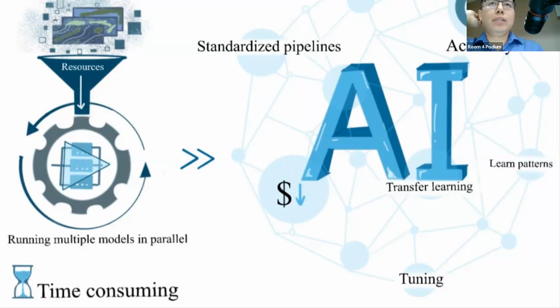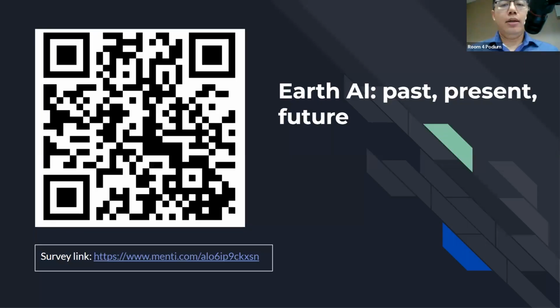But they cost a lot of computing resources, and running all those models takes a long time. So AI will probably help us accelerate the parallel computing bottlenecks. We don't have to do complicated computing, and AI will make forecasting much faster.